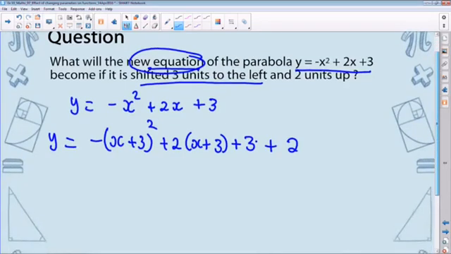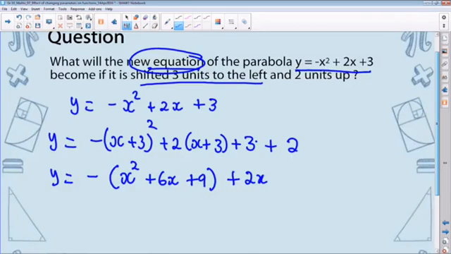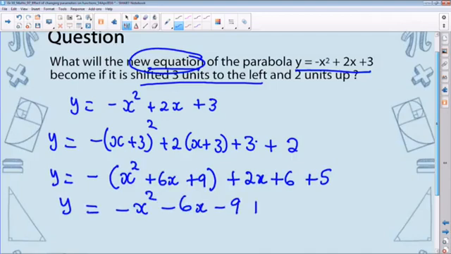You then simplify. So this is y equals minus x squared plus 6x plus 9 plus 2x plus 6 plus 5, which gives us y equals minus x squared minus 6x minus 9 plus 2x minus, is it 11?